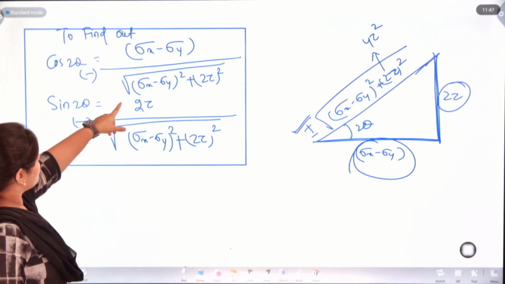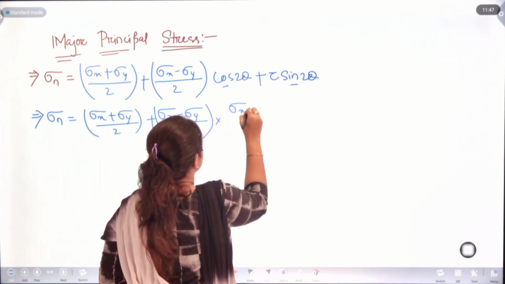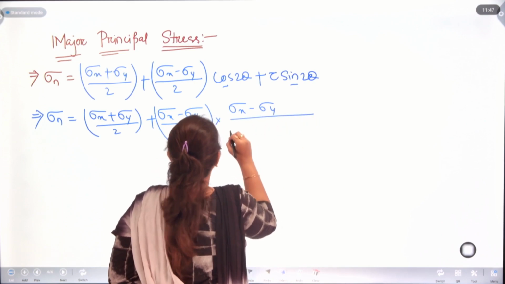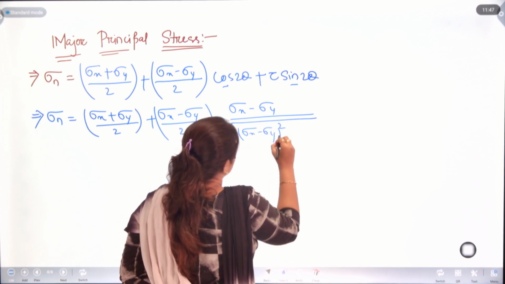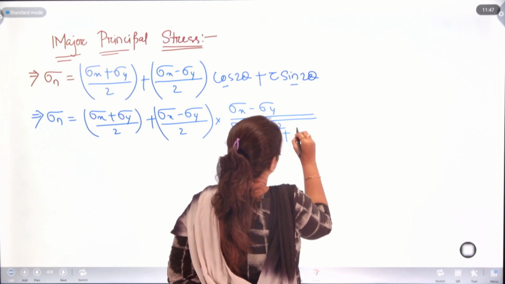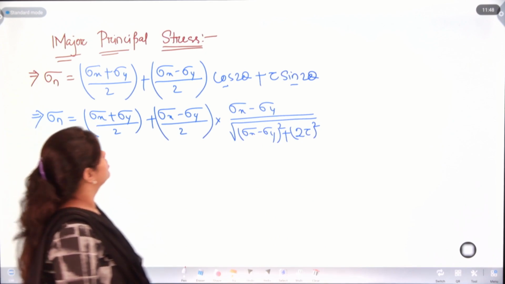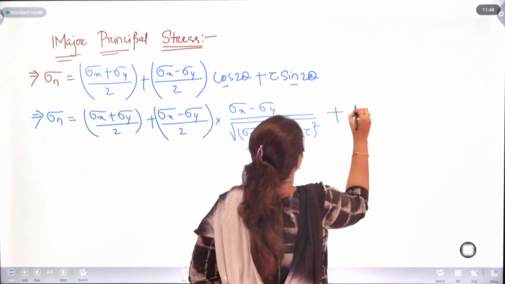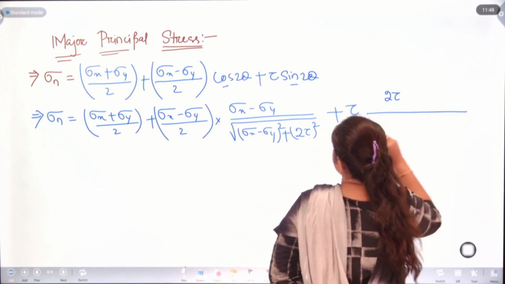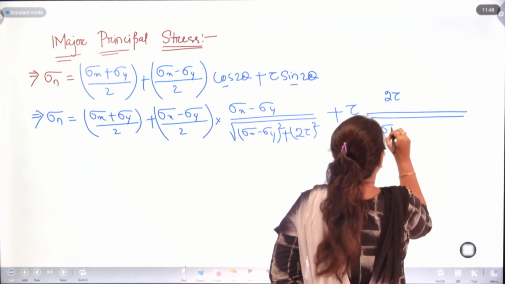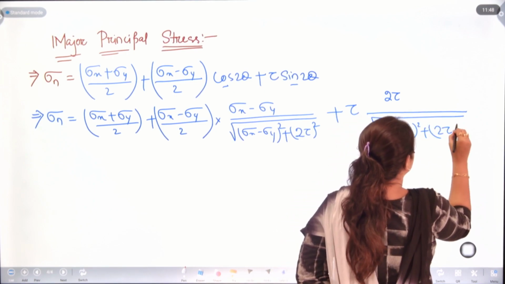Sigma x minus sigma y upon root over of sigma x minus sigma y square plus 2 tau square, into sigma x minus sigma y, plus tau into 2 tau upon root over of sigma x minus sigma y whole square plus 2 tau whole square.